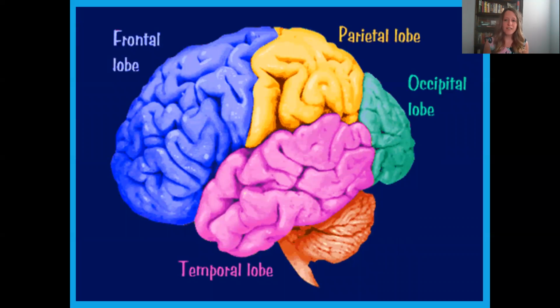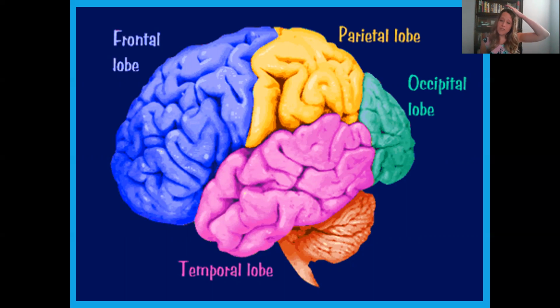The cerebral cortex is divided into the right and left hemispheres and into 4 lobes. You have the frontal lobe extending from the forehead. The frontal lobe is involved in higher cognitive processes such as decision-making, impulse control, and regulating behaviors.